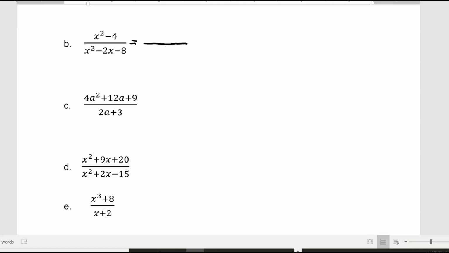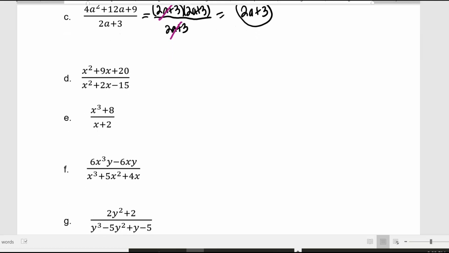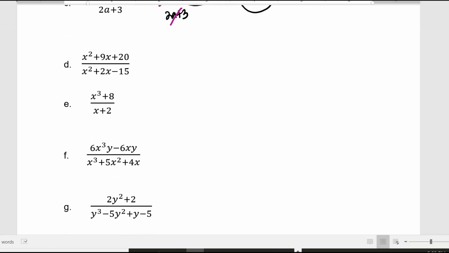So here we go. x binomials, the leading coefficient is 1. There's no GCFs, so this should be pretty simple. We're looking for factors of 20, right? So I'm thinking x plus 4, x plus 5, because 4 plus 5 gives us the 9. And then in the denominator, again, I know that it's going to be x and x.